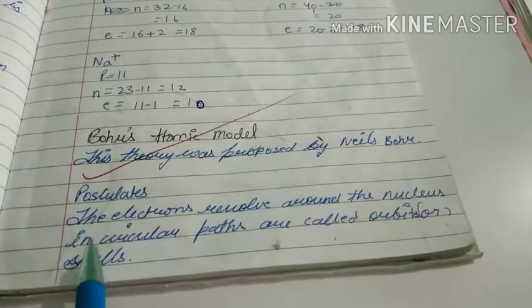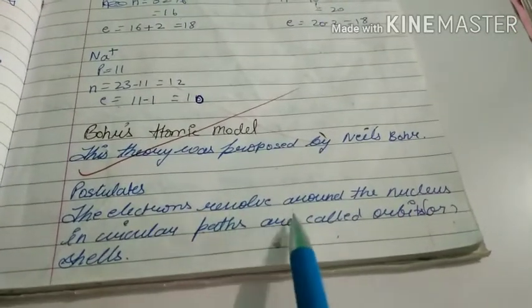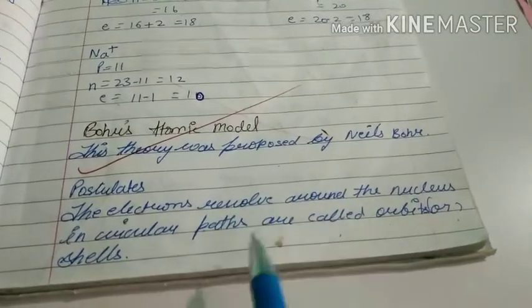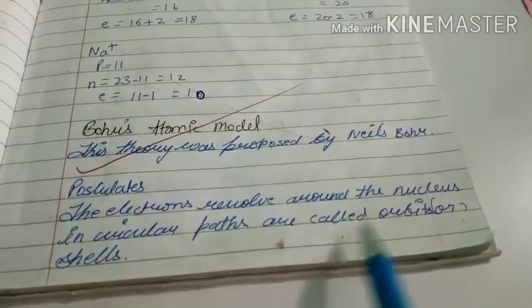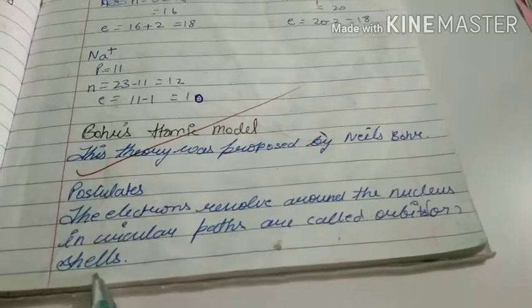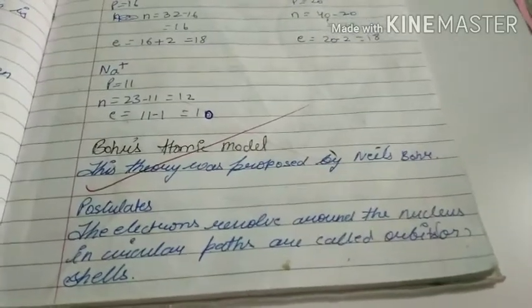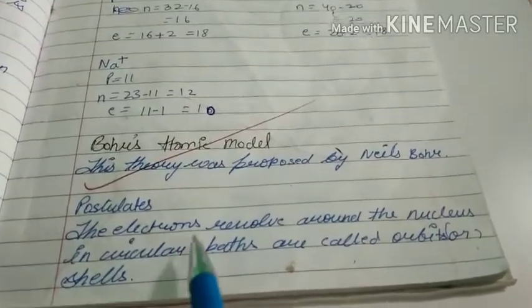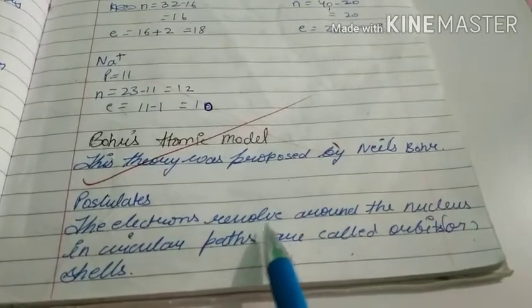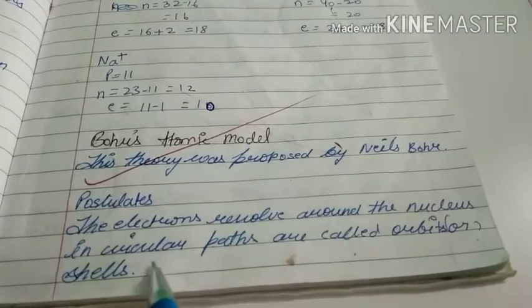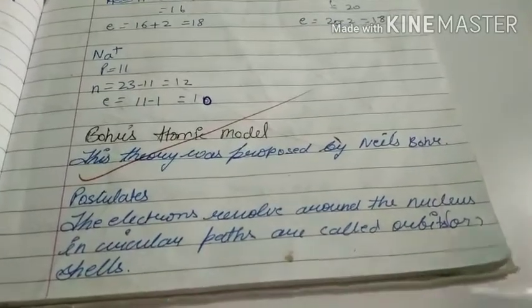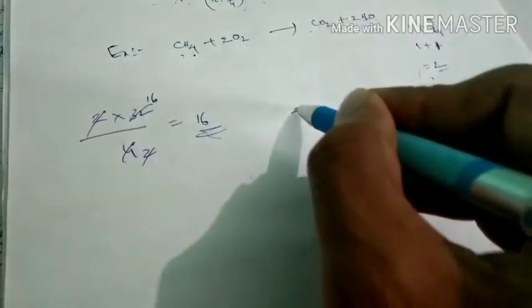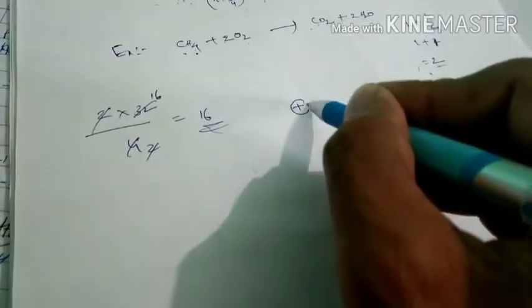Here the points are. First point: the electrons revolve around the nucleus in circular paths called orbits or shells. That is the first point and a very important point. See, this is the nucleus.